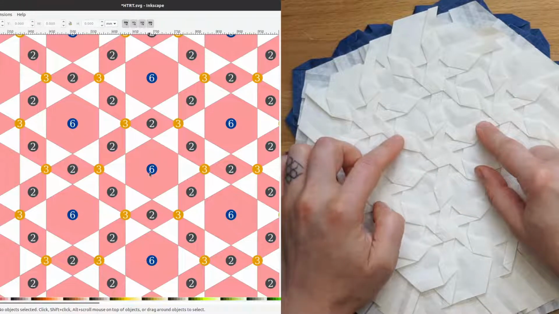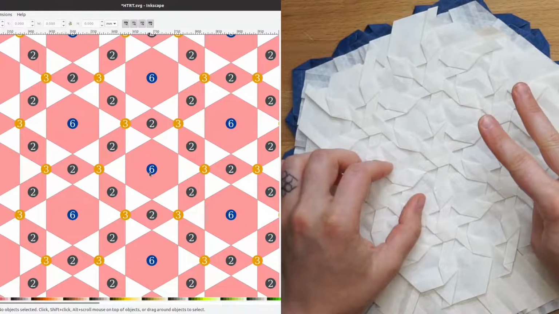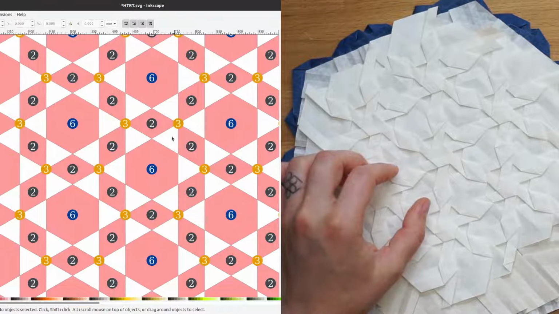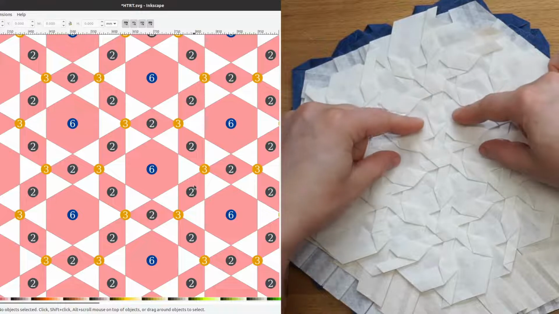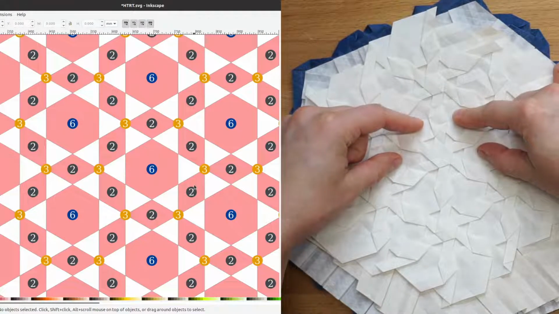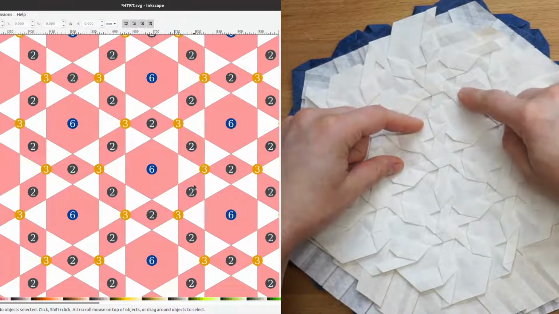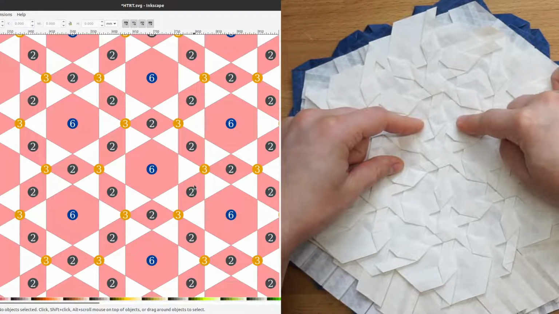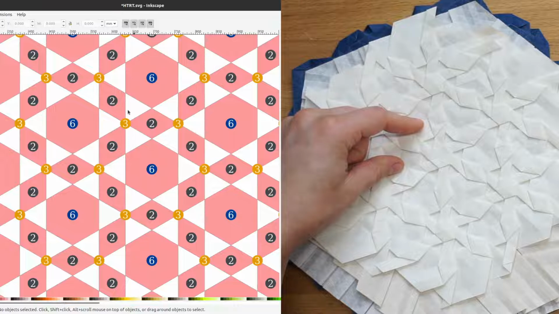The rhombi are in positions of twofold rotational symmetry, as we can see on our diagram here. And the spaces between the rhombi in the center of the loop of alternating triangles and rhombi are positions of threefold rotational symmetry.